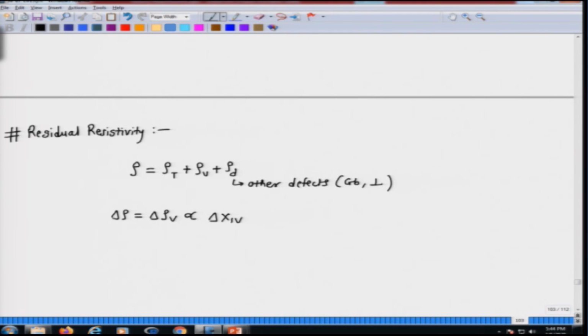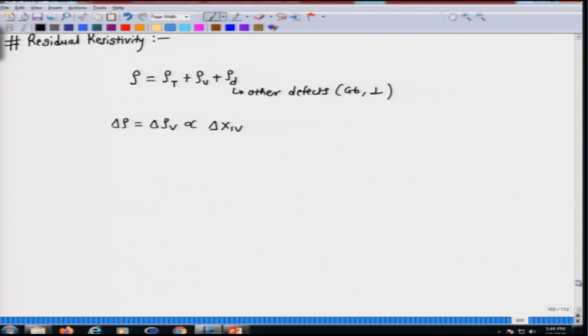Okay. So, how do we go about this? We have to first take a piece of metal and equilibrate it at a lower temperature and measure its resistivity.